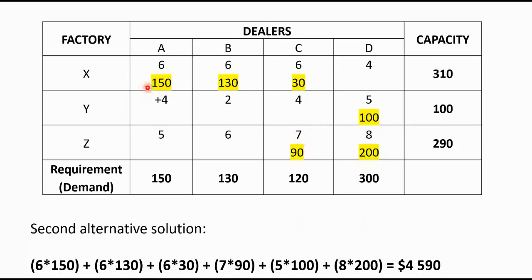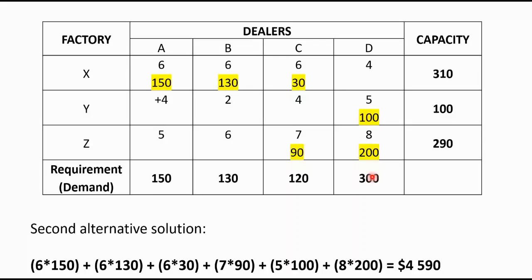And still take note, guys, that these deliverables have still met the demand of each dealer and were able to exhaust still the capacity of each factory. So 150, 130, 30 plus 90 is a total of 120, and 100 plus 200 is 300.